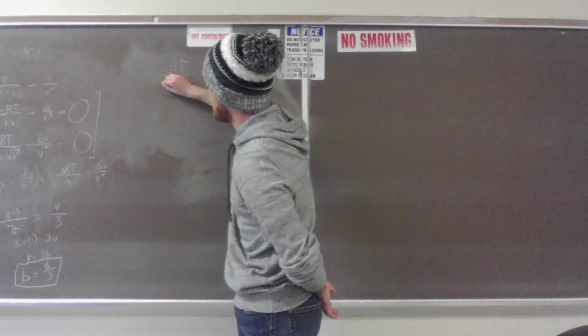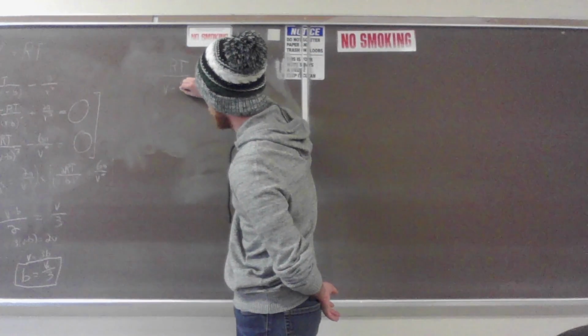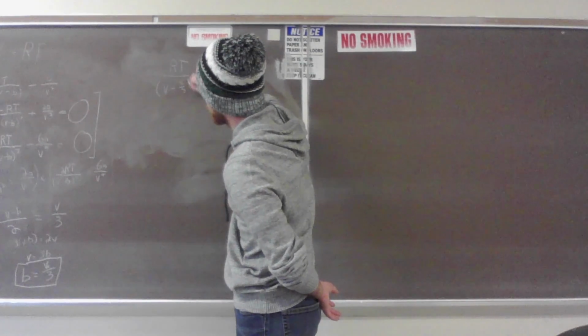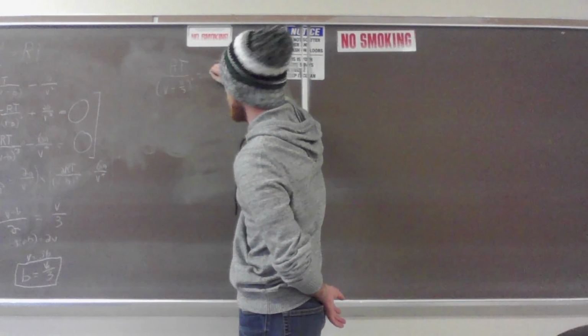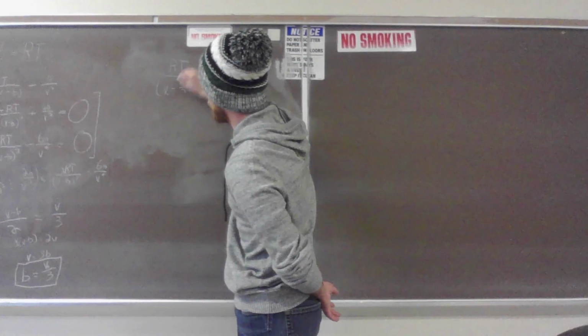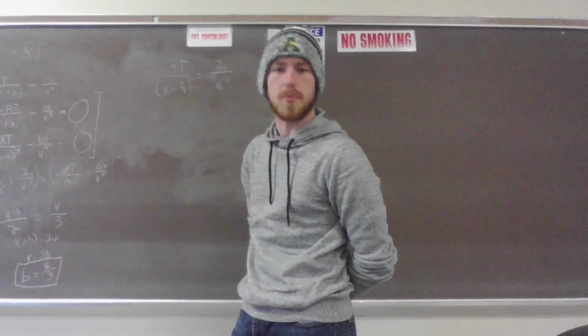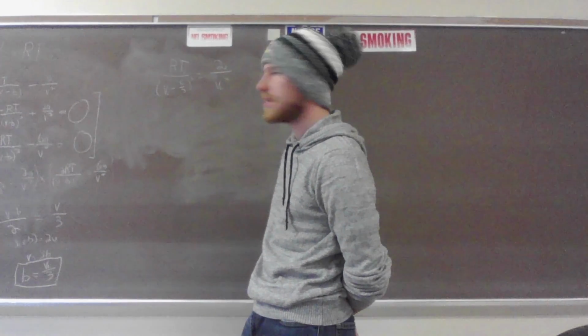That says RT over V minus, now this is B, so remember that's VC over 3, squared, is equal to 2A over VC cubed. And again, since we're doing this in terms of the critical point, we need to have the critical temperature and critical specific volume notated here.